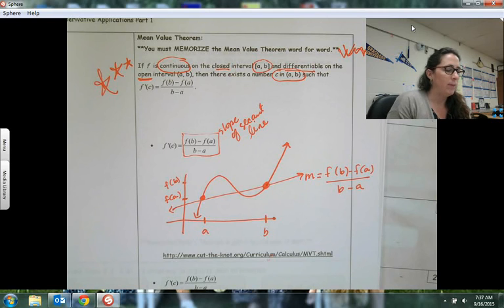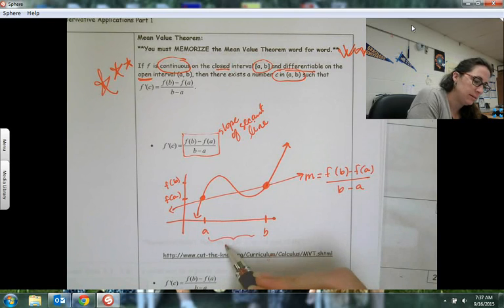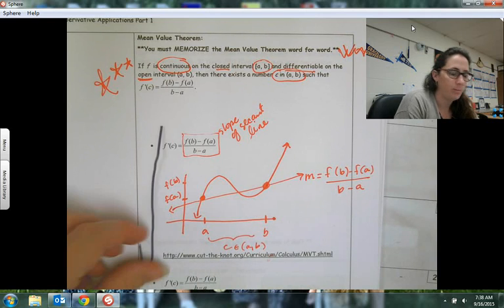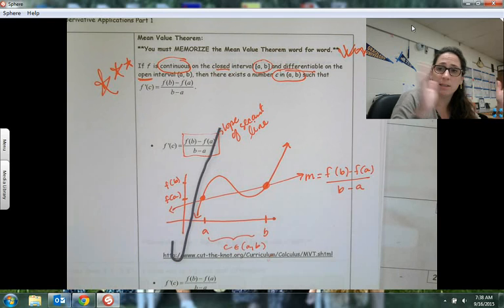So basically it's saying that as you move along the curve, there's going to be some C, and C has to be between this A and B. Where, and this is the fun part, f prime of C is that instantaneous slope, that instantaneous velocity.